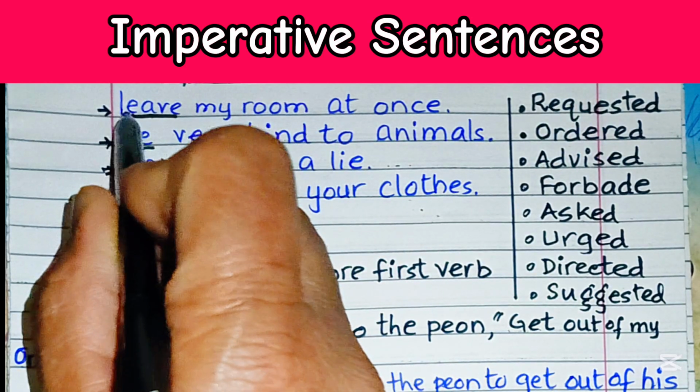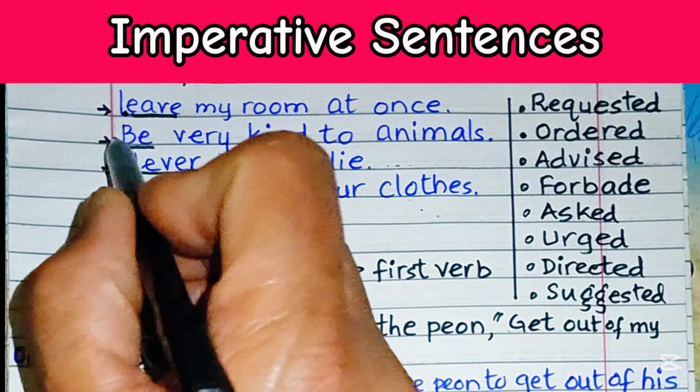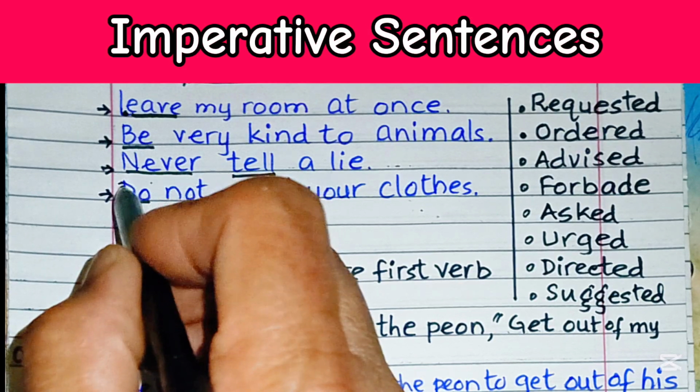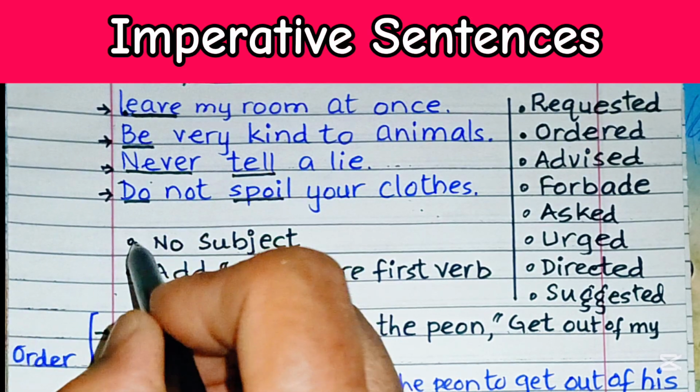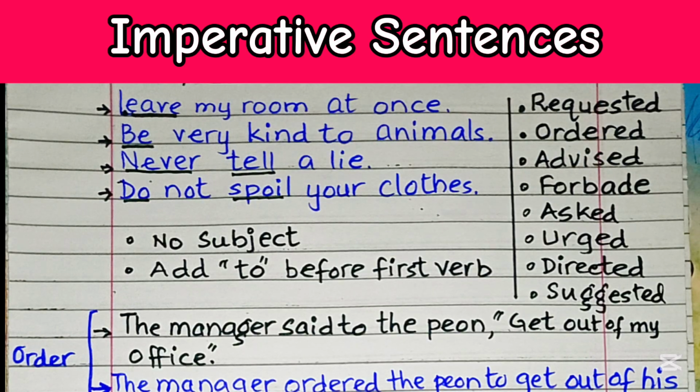There may be some command or some entreaty in the form of request, advice, etc. It means that an imperative sentence is about a command that is given by somebody to do something or not to do something. That command may be about fulfilling a specific task, or it may have some type of advice in it.